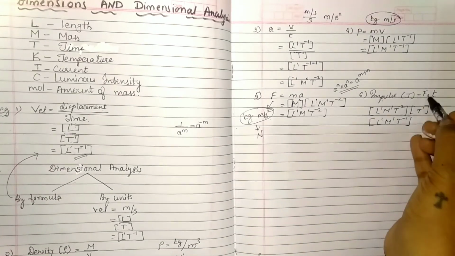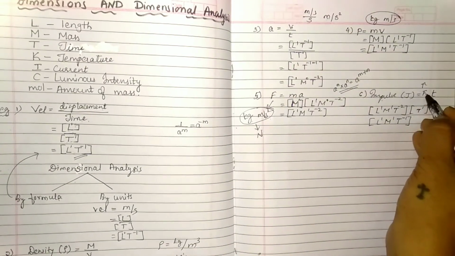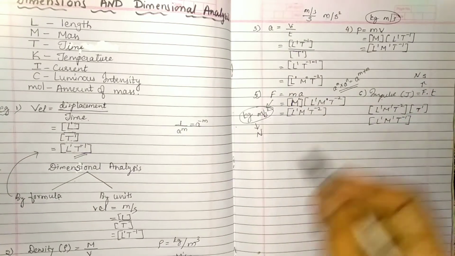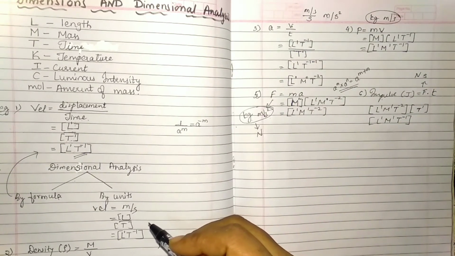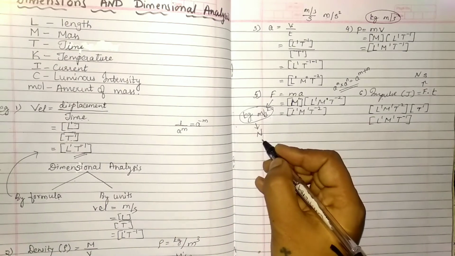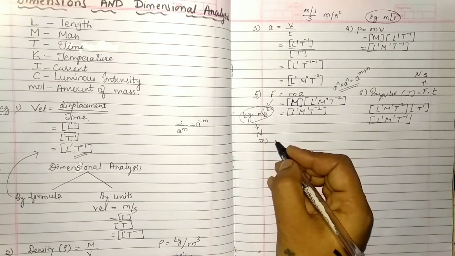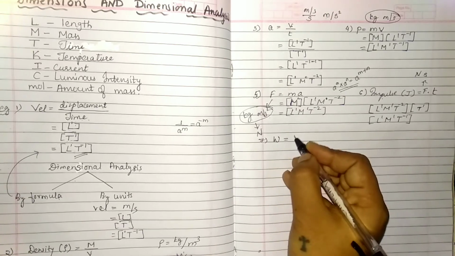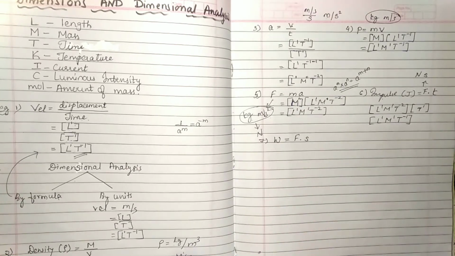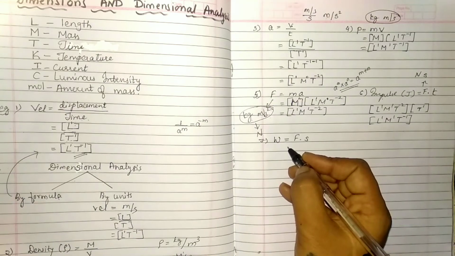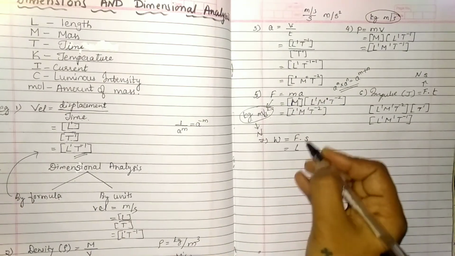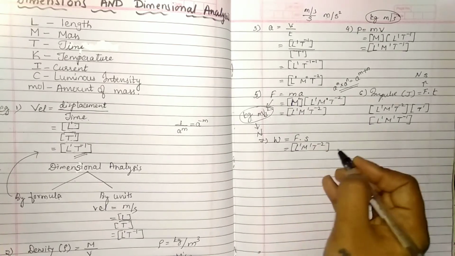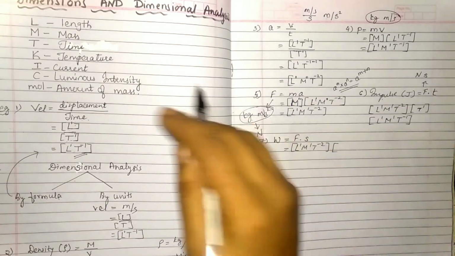So once again the SI unit can be derived like this. Force is in terms of Newton and time in terms of second. So it is Newton second. Proceed further. If you take another example like work, work is nothing but force into displacement. Force, once again you have here L1 m1 t raised to minus 2, and displacement is nothing but a length.